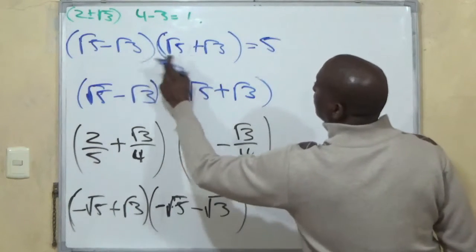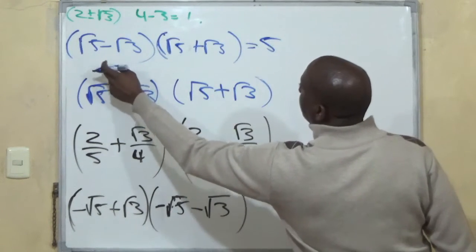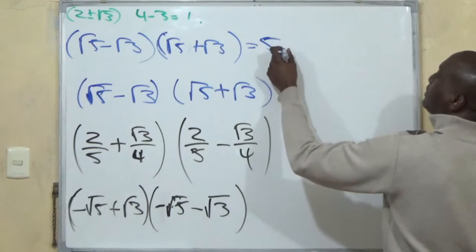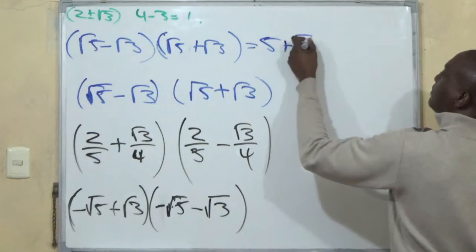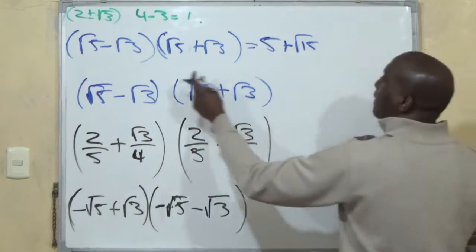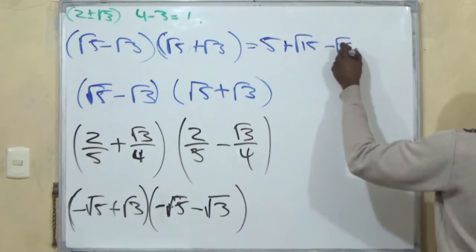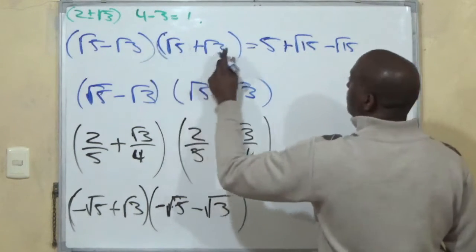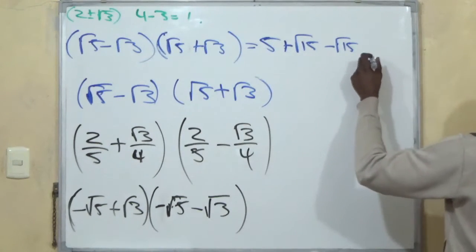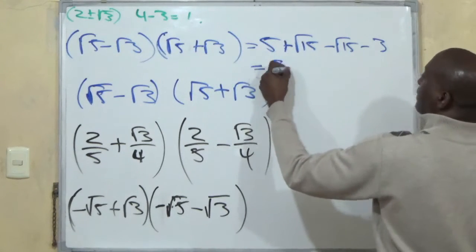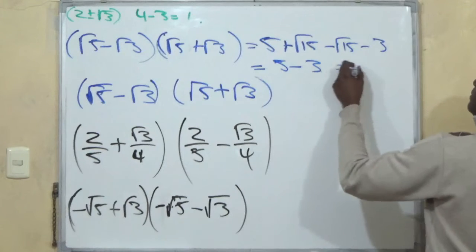Root 5 by root 5 is 5. Root 5 by root 3 is plus root 15. Minus root 3 by root 5 is minus root 15. Root 3 by root 3 is minus 3. So you get 5 minus 3, which is equal to 2.